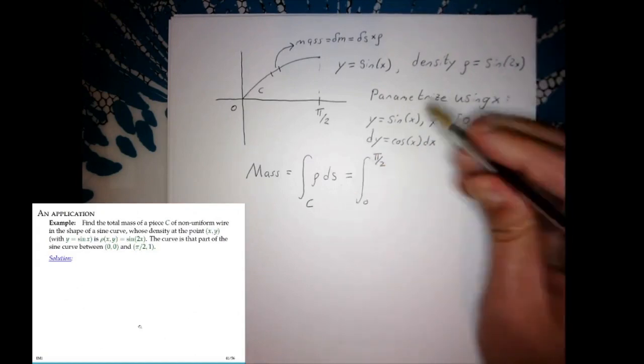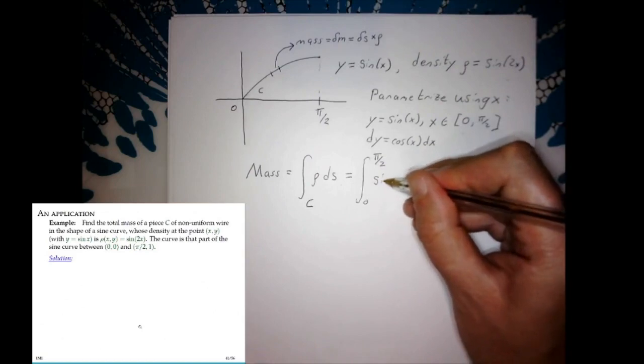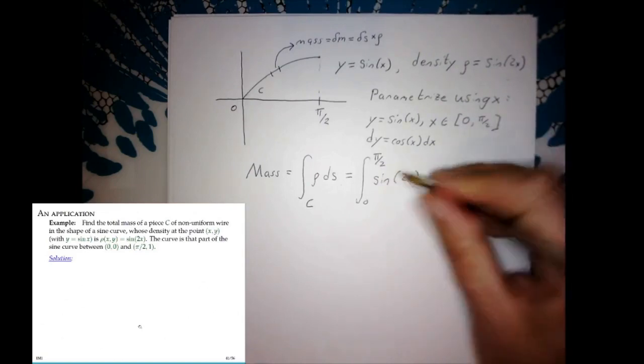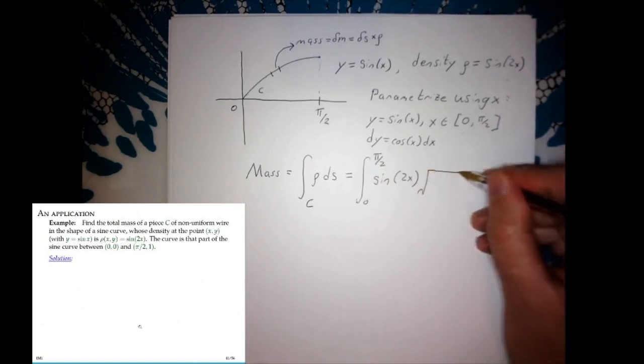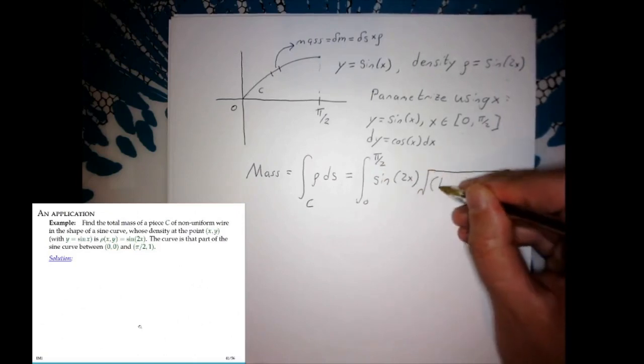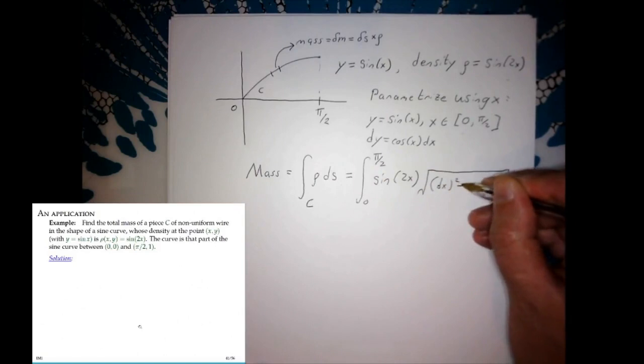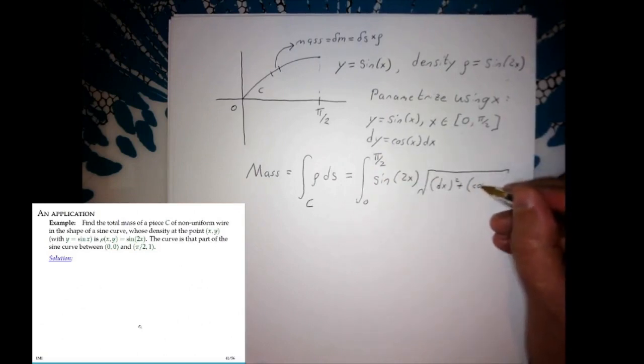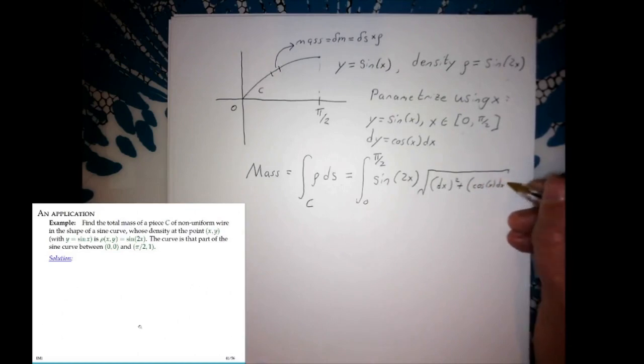The density is sine of 2x. And ds is square root of dx squared plus dy squared, which is going to be cosine x dx squared.